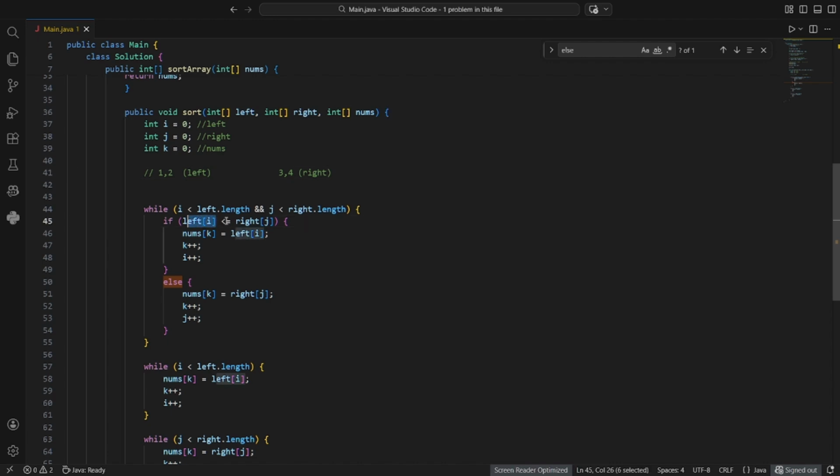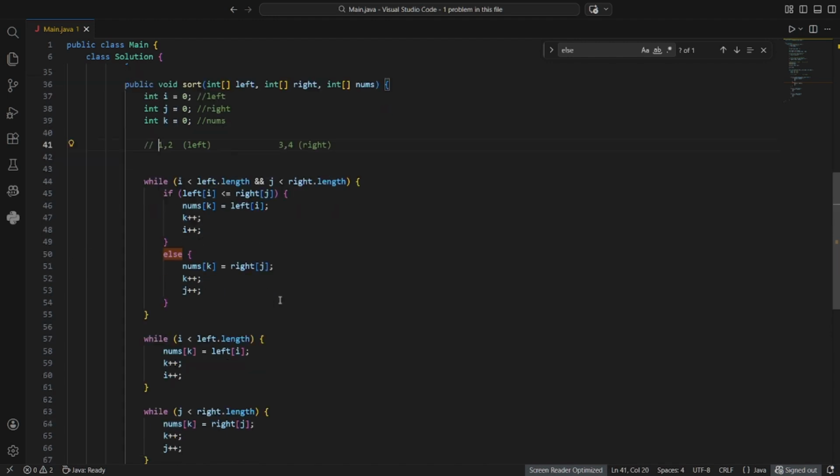So when I is smaller, don't forget this equal sign, because if it doesn't exist, when you say 1, 2, 2, 3, 4, you're going to lose an element, basically. So you always have to have this equal sign. So it's going to be 1, obviously, because it comes first, then 2, then 3 and 4. That's what this part is basically saying.